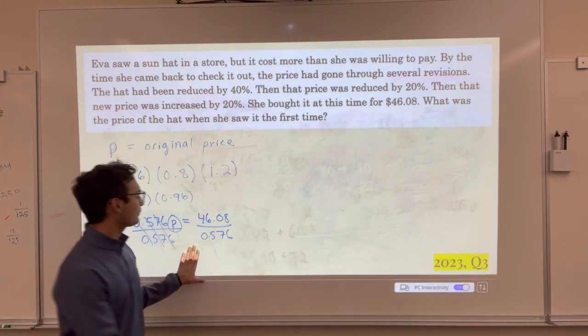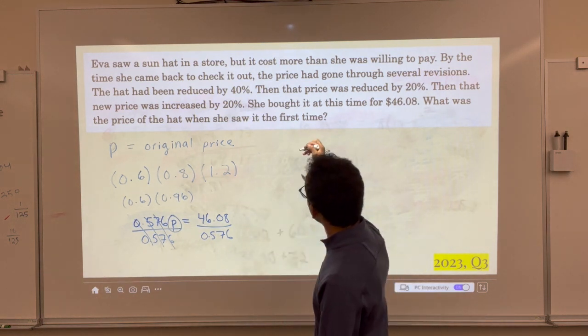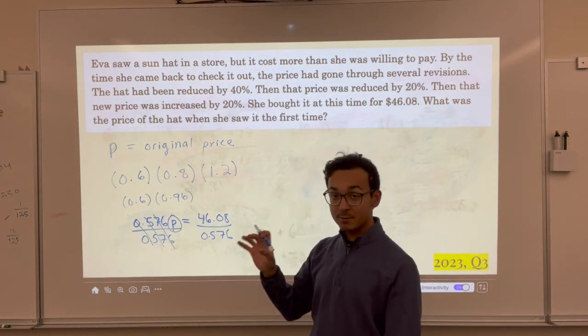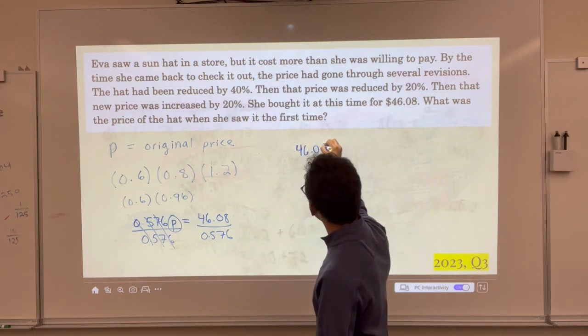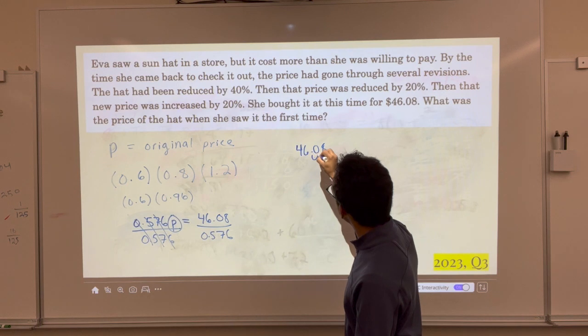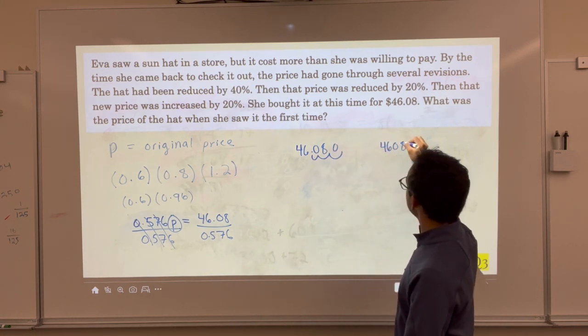So let's do that. I'm going to multiply both the top and the bottom by 1,000. So 46.08, I'm going to move the decimal 1, 2, 3 times. So we're left with 46080.